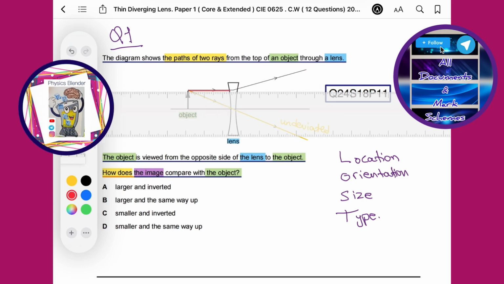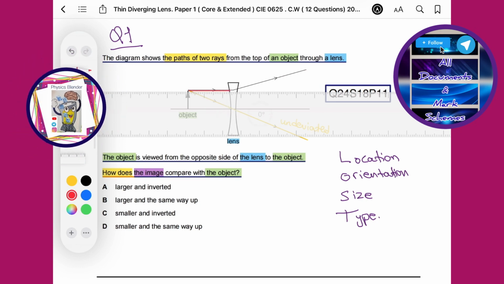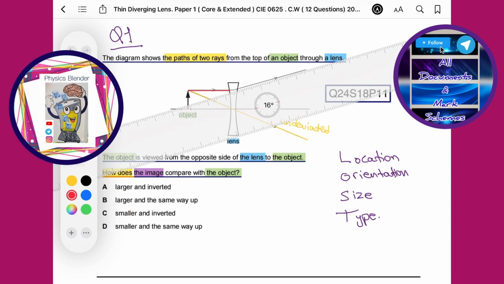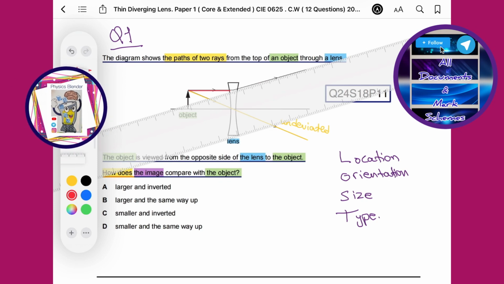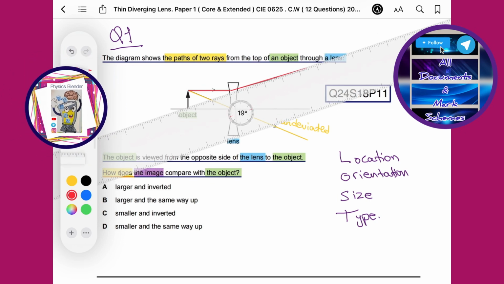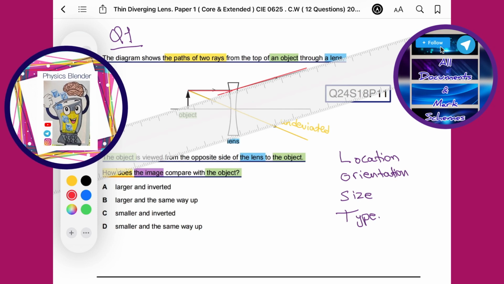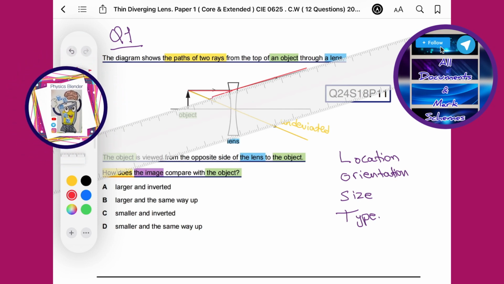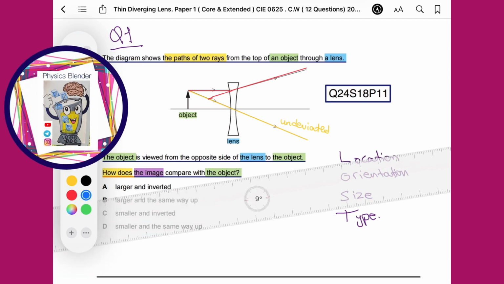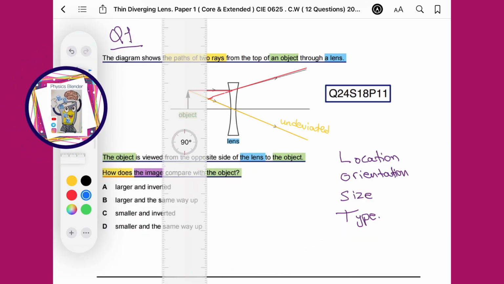In case of diverging lens, it will diverge, but you can extend this light ray. Where the two rays intersect, this will be the location of the image.